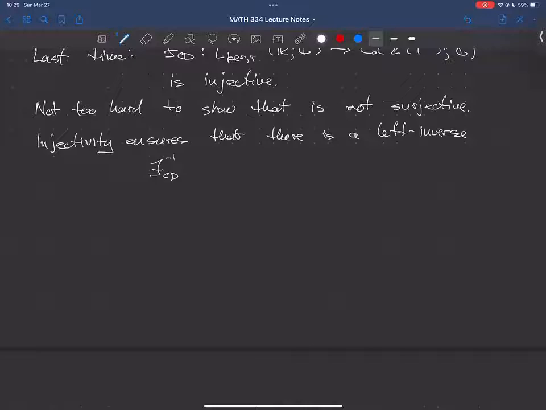It's not an inverse, because this map isn't invertible, since it's not surjective. So by an abuse of notation, the left inverse I'm going to write as FCD inverse. It should take a sequence, a discrete frequency signal, and give me something in L1 periodic.